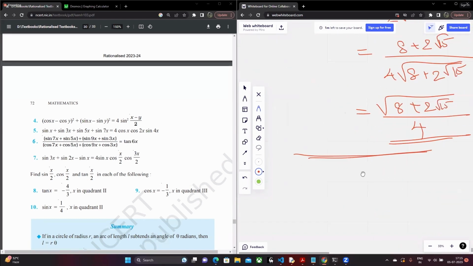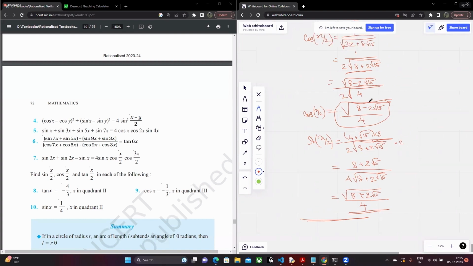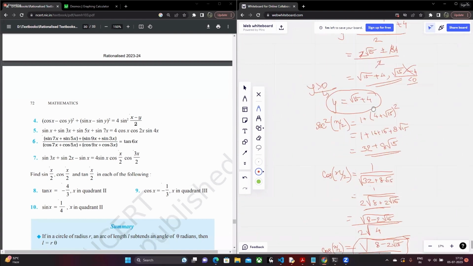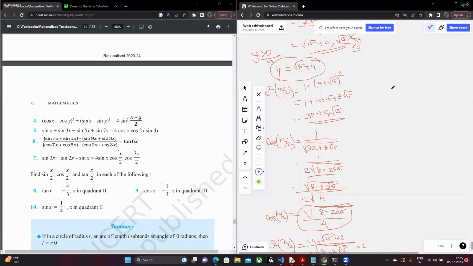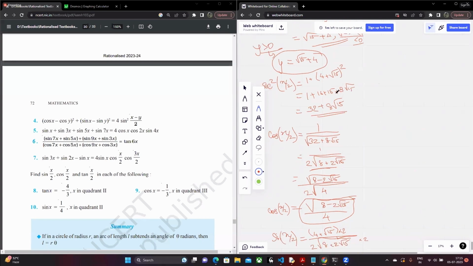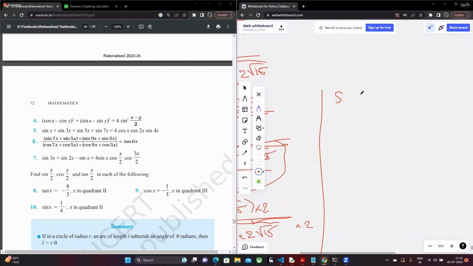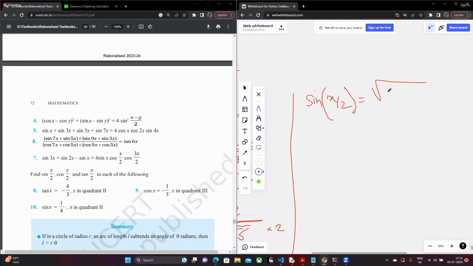Right. And that concludes the short time. Instead of doing all this, the simplest and easiest way to go about this, let me just write the values over here because I forgot to do that. So sine of x by 2 we have found to be square root of 8 plus 2 root 15 divided by 4.